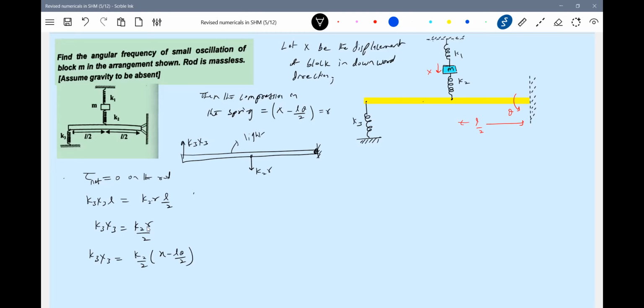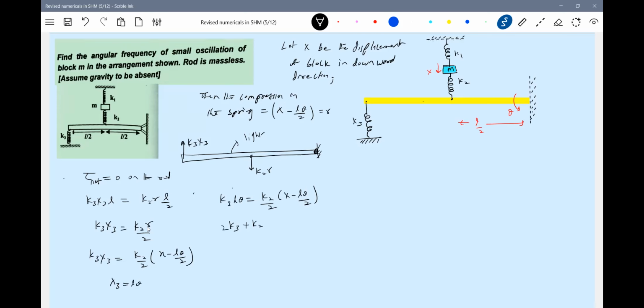Shall we write L theta? This X3 should be equal to L theta. Look at the rod. So this I'll substitute there. I'll get a relation between X and theta. So solving this, we have to solve again this one.